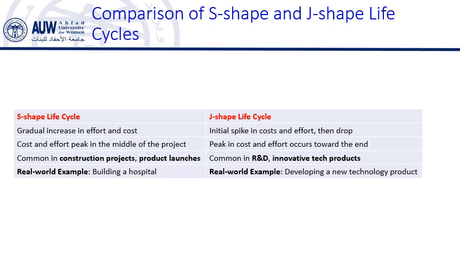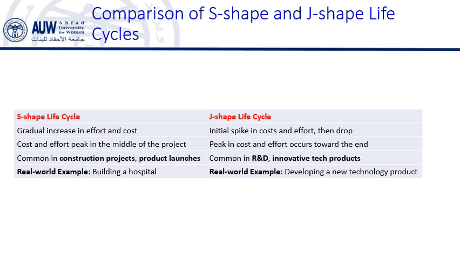For resource allocation, the S-shape typically sees a more balanced allocation of resources, with heavier cost in the middle phase, while in the J-shape, resource allocation is concentrated in the later stages, as breakthroughs or product development require substantial investment at that point.